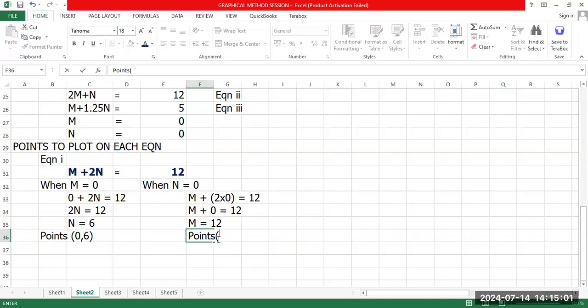Should I put here 0 or 12? 12, then here 0. If you have decided that this is my horizontal axis and I'm going to put m, make sure that you maintain that route. Don't change.